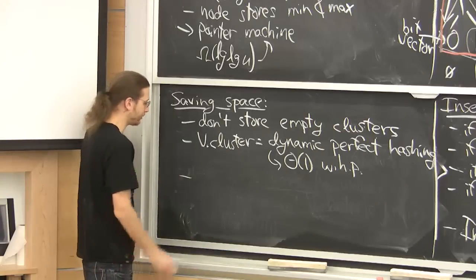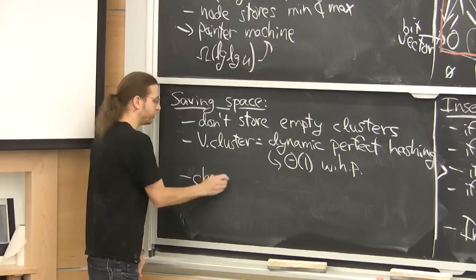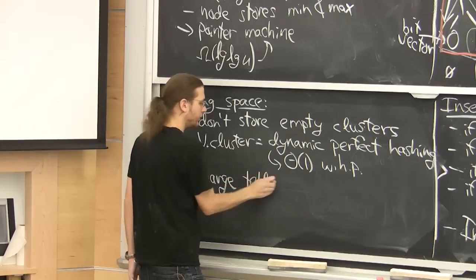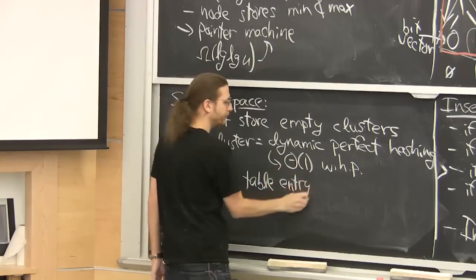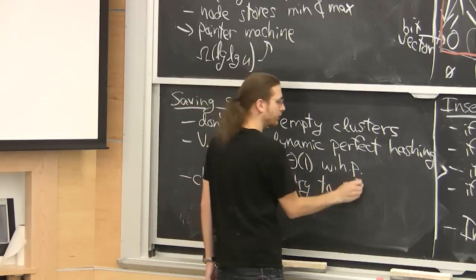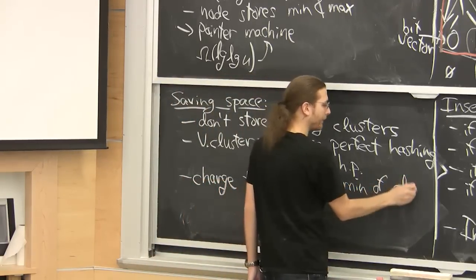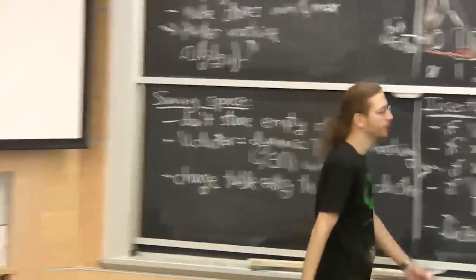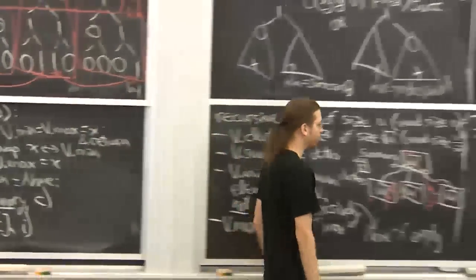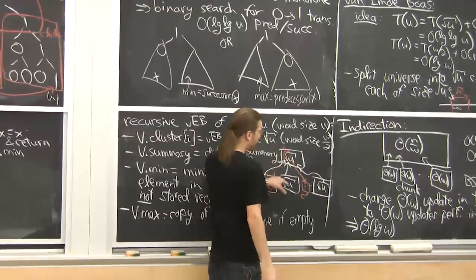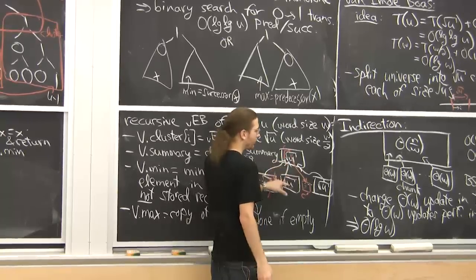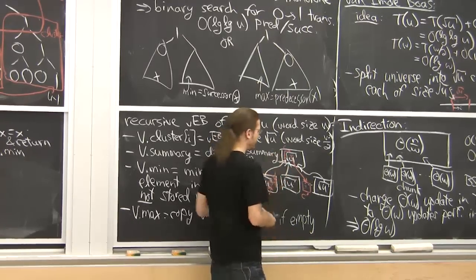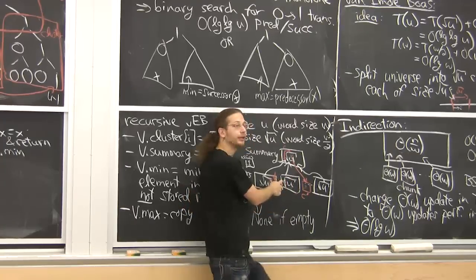By simple amortization, charge each table entry in that hash table to the min of the cluster. Every time we're only storing non-empty ones. So if one of these guys exists in the hash table, we had to store a pointer to it, then that means the summary structure is non-zero. It means this guy is non-empty, so it has an item in its min.